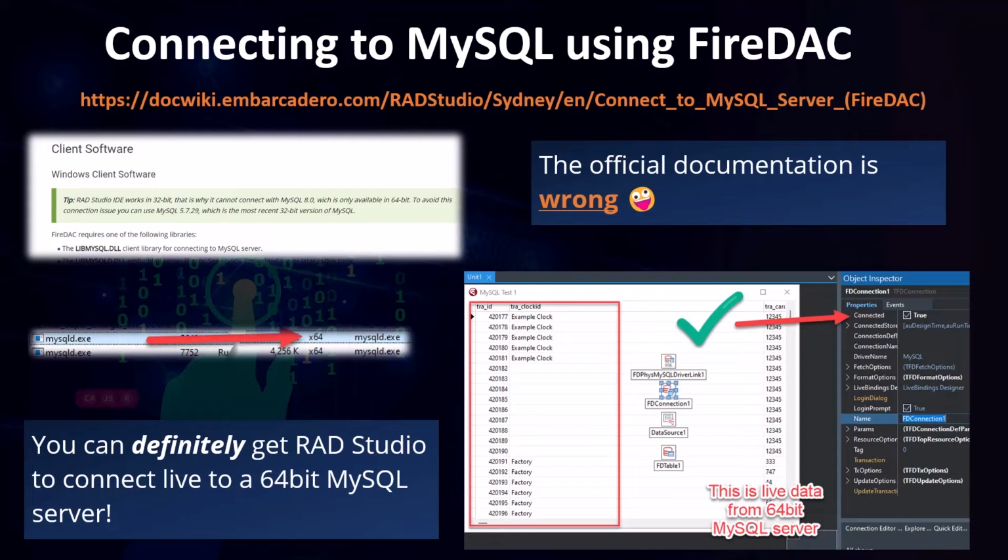So I don't quite know where that came about, but it's wrong, and I'm going to prove it in a moment. As you can see on the screen there, I've got an arrow pointing to the x64, which means it's a 64-bit MySQL daemon, and there's the IDE, and I'm connected live.